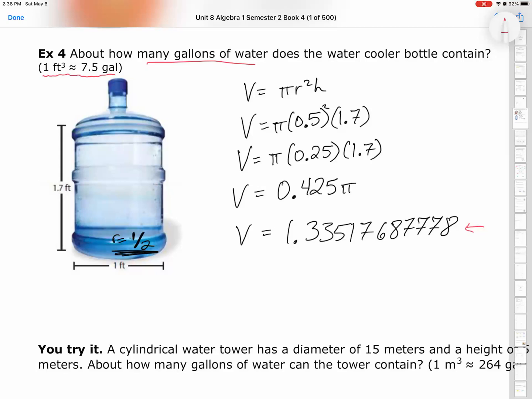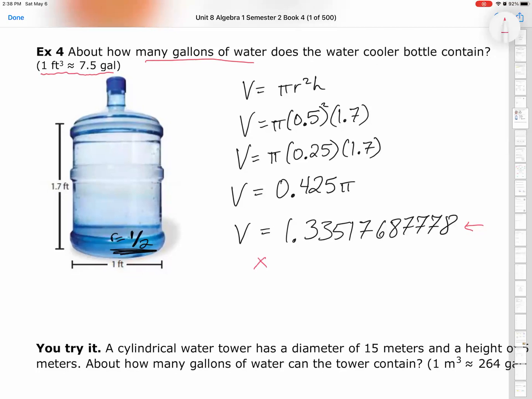We can now go ahead and take that decimal and multiply it by 7.5, to figure out how much there is in total in gallons. And so when we plug that into a calculator, we end up with 10.01. We'll just say we'll go to the 100th place. And that would be gallons. So really about 10 gallons.